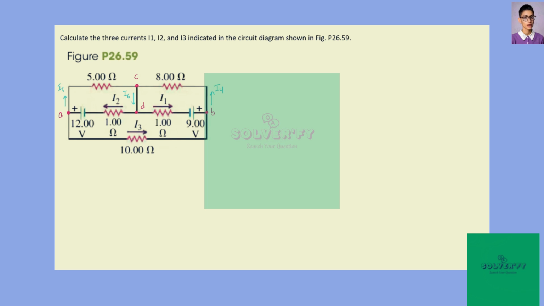The first loop I'm going to take is just this top left corner, where we're going to have a 12-volt potential rise, minus current I5 flowing through the 5-ohm resistor as a potential drop, minus I2 flowing through a 1-ohm resistor as a potential drop, and then we're back to the start of our loop, so that all equals 0.